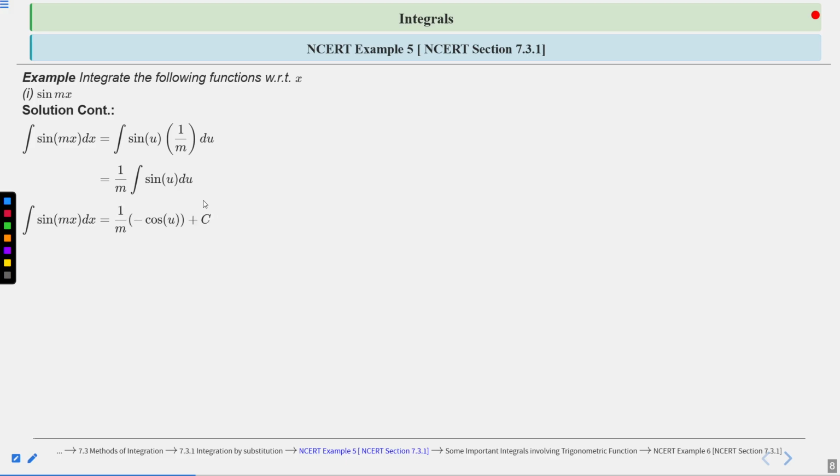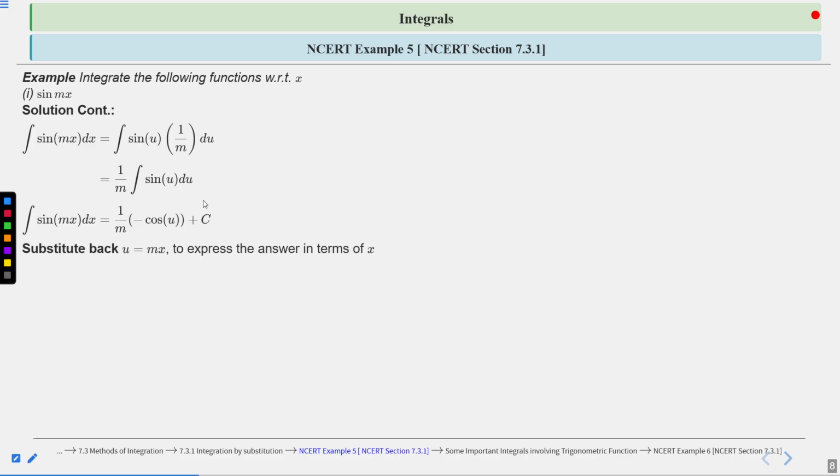So we can write integration of sine mx dx is equal to 1 upon m times minus cos u plus c.